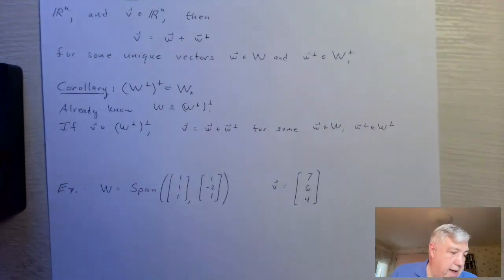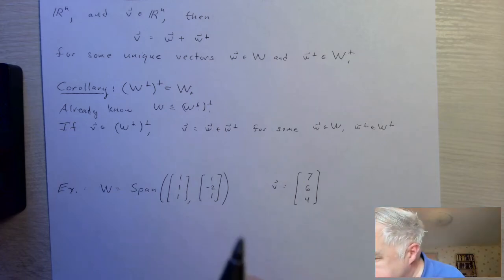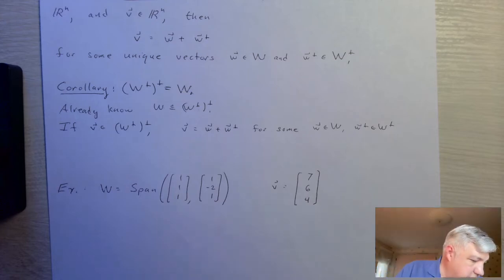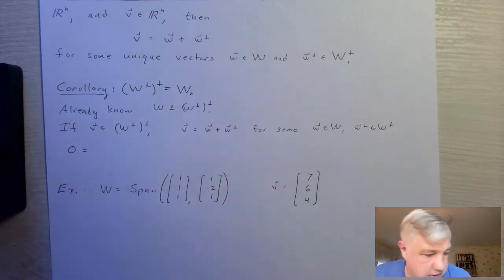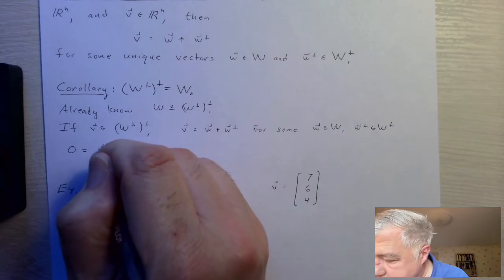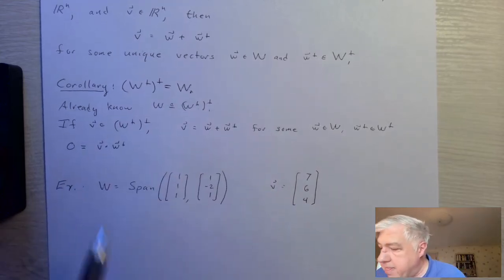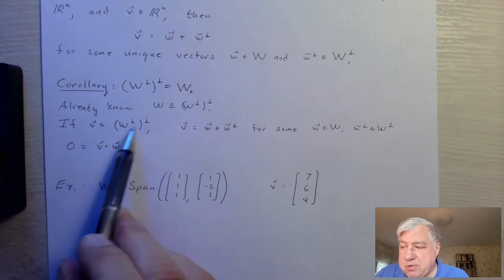Now what happens if we take the dot product with w perp? Let's see what happens here. First off, 0 is going to be V dot w perp, and that's because by definition we're picking V to be in the orthogonal complement of W perp.